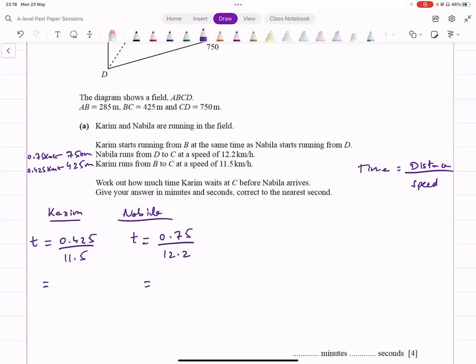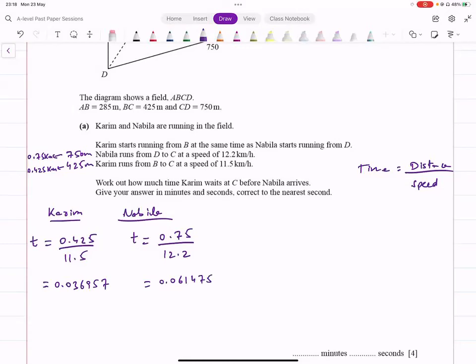0.425 divided by 11.5, that gives me 0.03695. ये आपने accuracy ज़्यादा रखनी है ताकि eventually आपके answers accurate आ रहे हो. 0.75 divided by 12.2, and that gives me 0.06145.